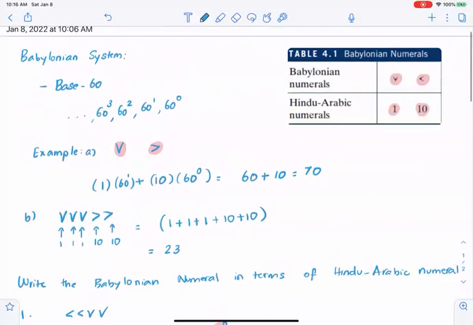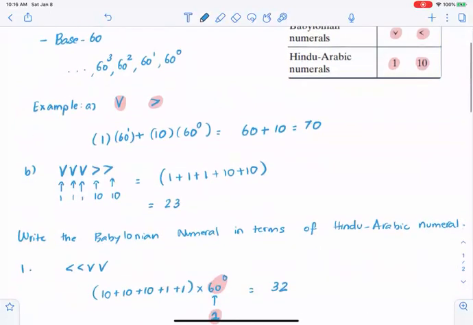Before we move on, I made a silly mistake when I drew the tip here. I think a Babylonian would be quite upset with me. So it should be of that sort. I think I had it backwards.